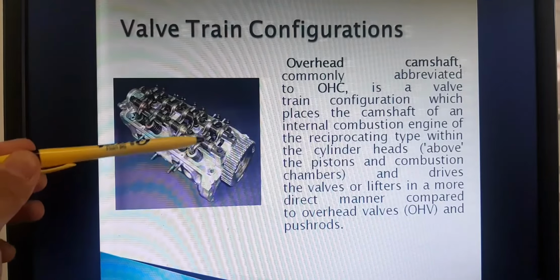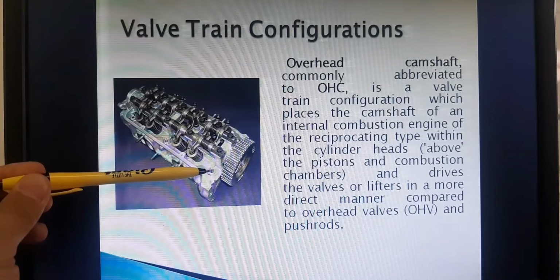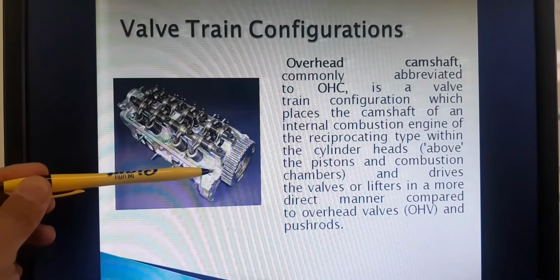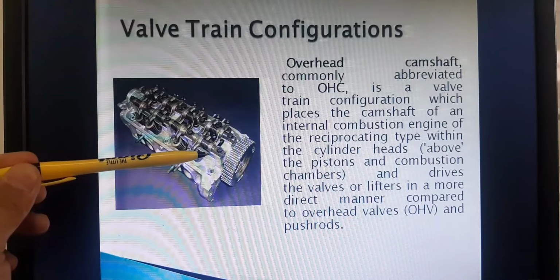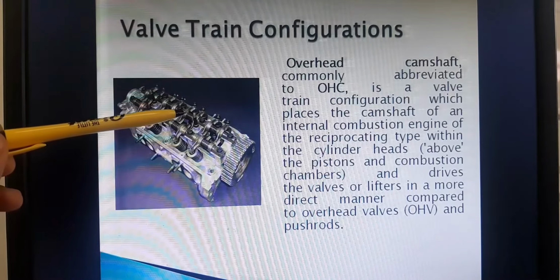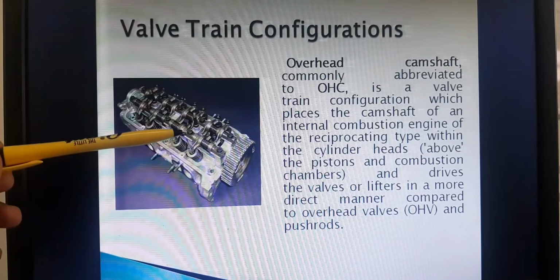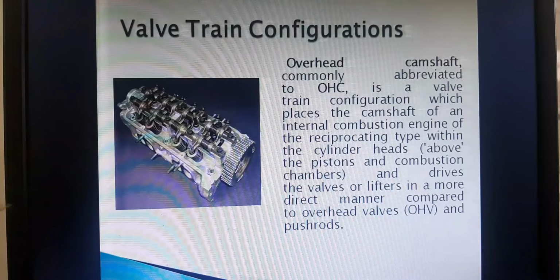So if the camshaft is placed in the cylinder head, it is said to be an overhead camshaft. Or if it's above the cylinder head, it's an overhead camshaft. All right? Understand? Okay, next.